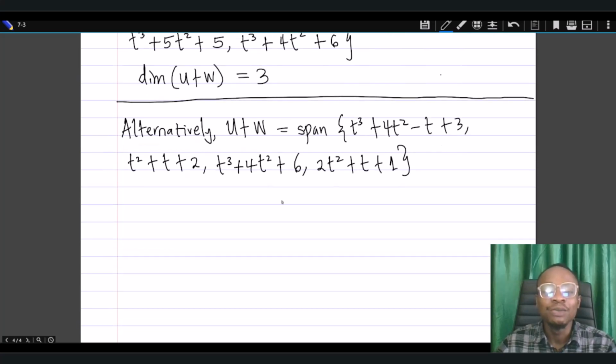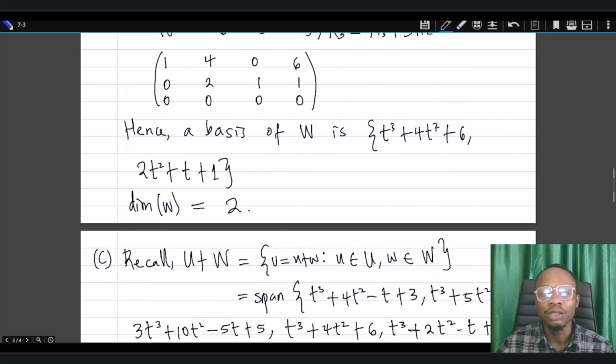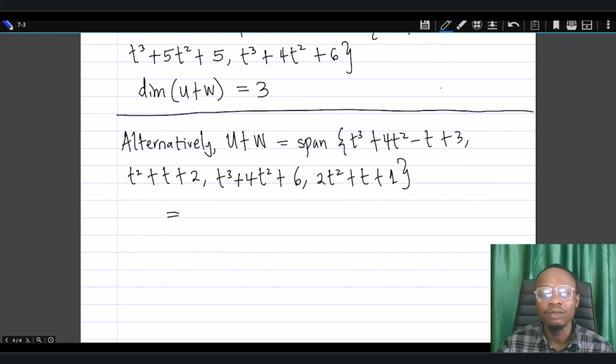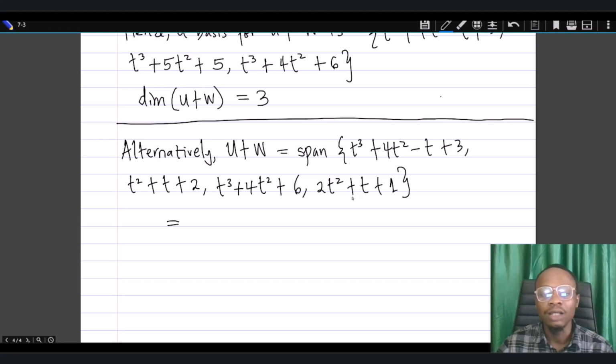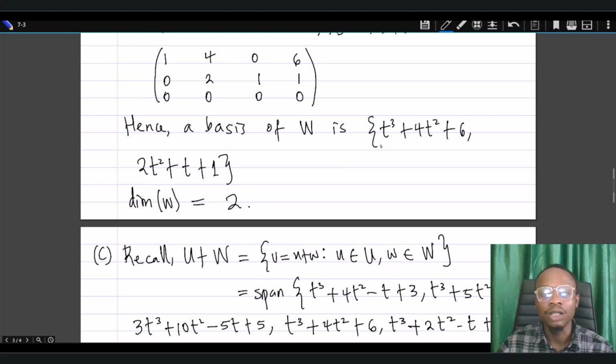So again, we can put this in that vector form. Please observe that these first two came from the basis we found for u. Okay, 2t cubed plus 4t squared plus 6, and that's what we wrote out here in the first two vectors. And then the last two are those from the basis we found already for w, which is this and this.